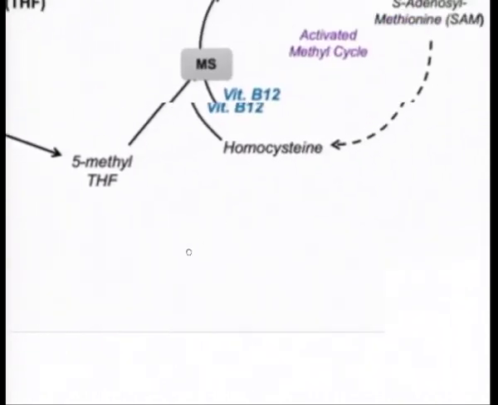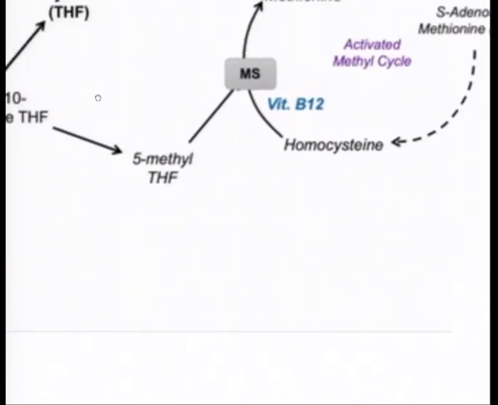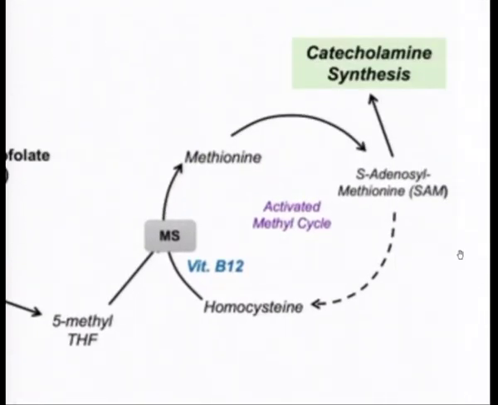On the other end, if you look at the 5-methyl tetrahydrofolate, as it goes inside this cycle, you find homocysteine getting converted to methionine, and methionine gets converted into SAM, S-adenosyl methionine. So it's a kind of a cycle, and this one plays a very important role in catecholamine synthesis.